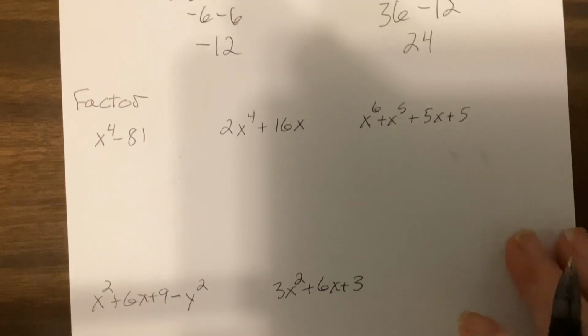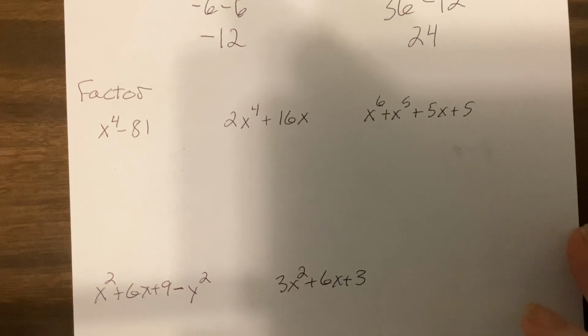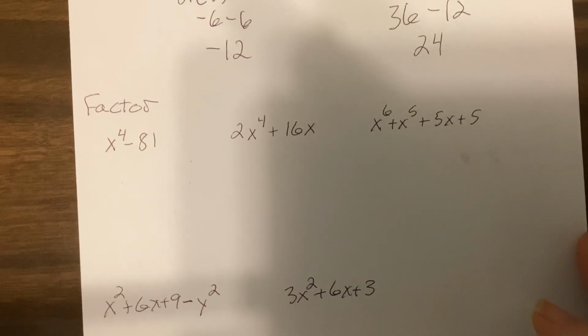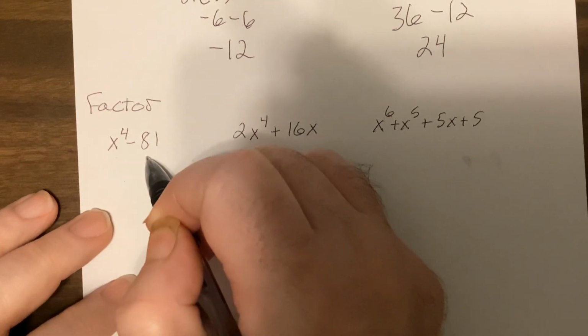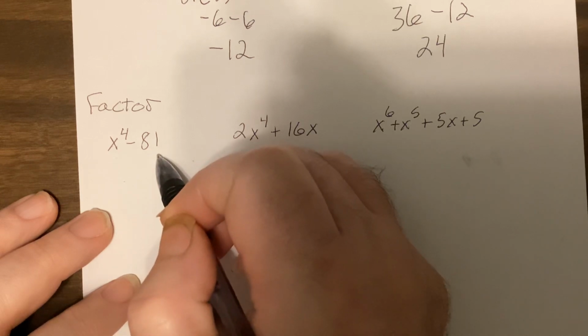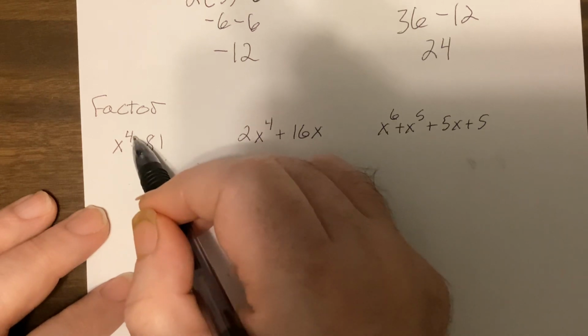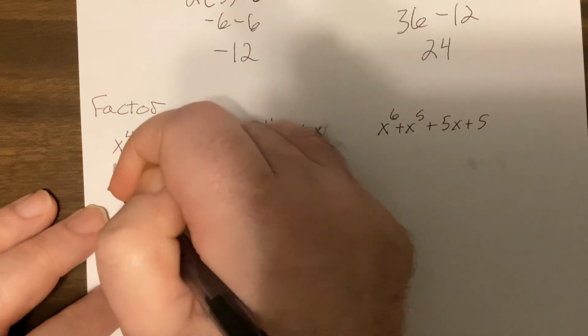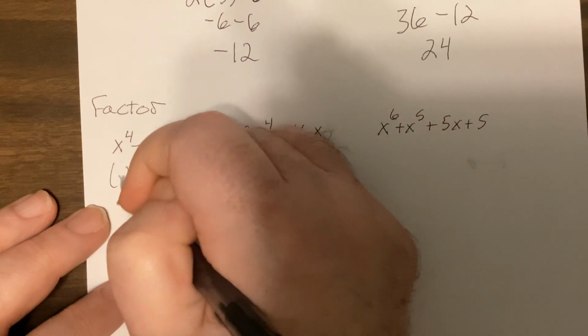Then we have a section that just says factor, but it really focuses on the non-trinomials. So there, 2 terms. It's either difference of squares or cubes, or sum of cubes. Well, it's not a cube. 4 is not a cube. So I'm going to look for my squares.